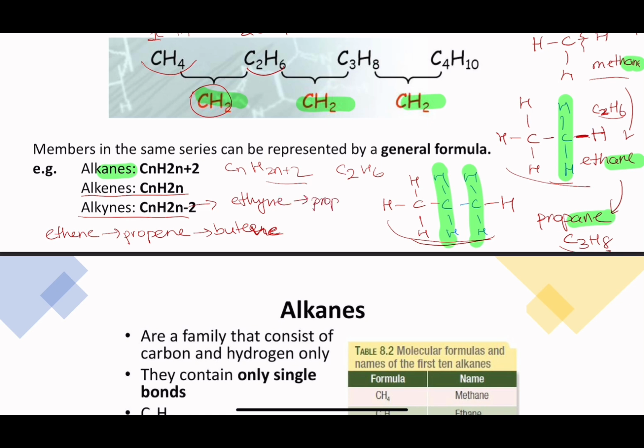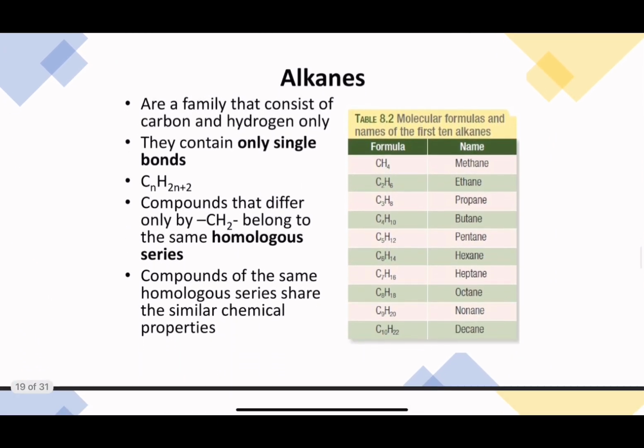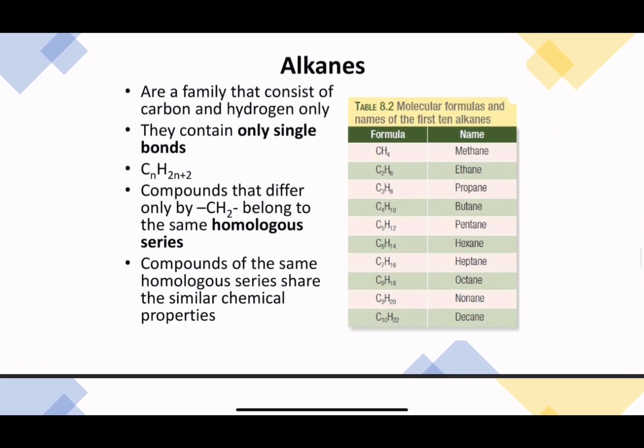They are all the same homolog series because their difference is a CH2 group. Okay, so now I have the list of the alkanes. So methane, ethane, propane. If you remember, we already discussed this over a song, and then heptane, octane, nonane, and decane. So the formula is CnH2n plus 2.